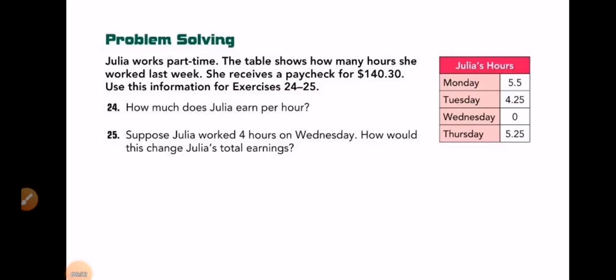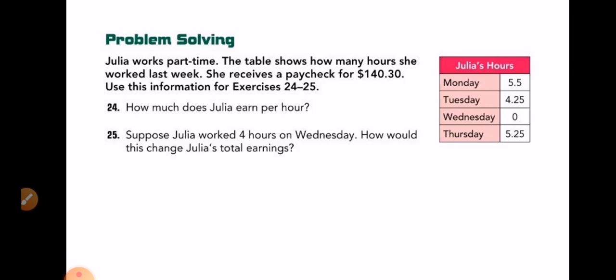Here for the problem solving, Julia works part-time. The table shows how many hours she worked last week. She receives a paycheck for $140.3. Use the information for exercises 24 and 25. Okay, the first information that I have here is what?